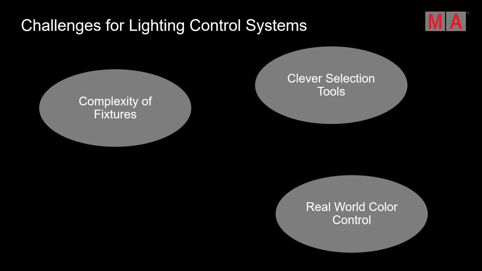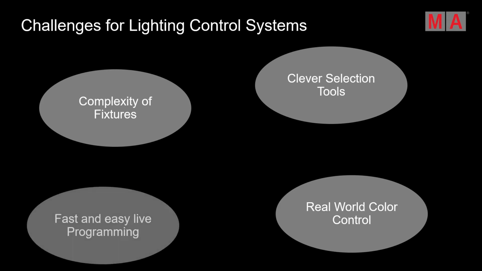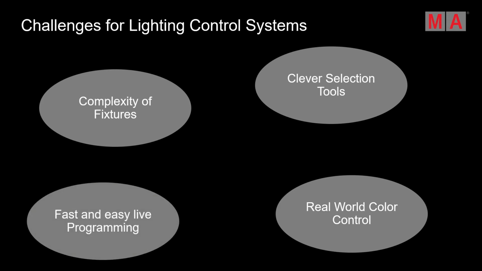We need clever selection tools so that we can cope with the different positions of fixtures and the asymmetrical rigs, for example. And what is even more important in those times is a fast and easy live programming. So we want to have tools which make it fast and easy to adjust our values in our lighting control system, and these values should appear in real time on our selection, which gives us our intended look immediately.